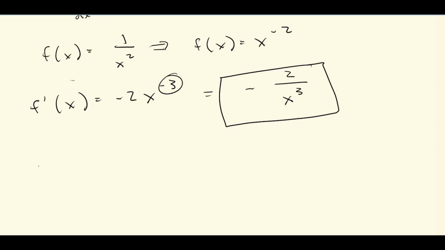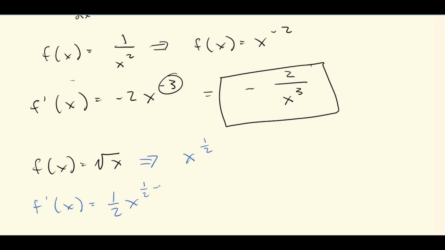So what if we're asked to find the derivative of f of x is equal to the square root of x? Similar to what we did up here, we're going to rewrite this function in terms of a power. So we're going to rewrite it as x to the 1/2. And then the derivative, f prime of x, is going to equal 1/2 x to the 1/2 minus 1.